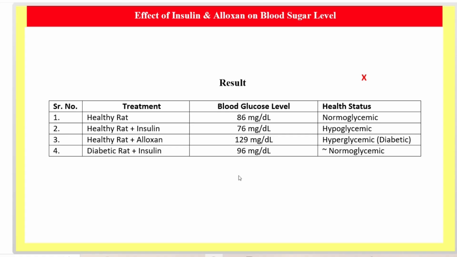Third stage was healthy rat plus Alloxan, 129 mg per dL, hyperglycemic, diabetic. And diabetic rat plus insulin is showing 96 mg per dL, means approximately normoglycemic. So it has reversed the hyperglycemic condition to normoglycemic condition.